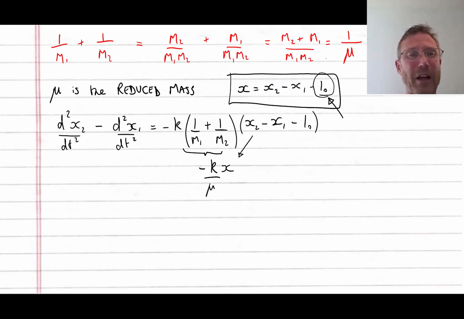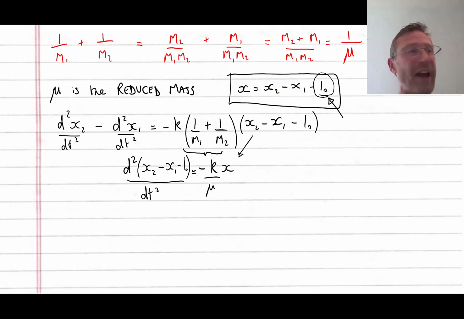So what we can recognize in here is, I'm going to write it as d squared of x2 minus x1 minus L0 by dt squared. That equals minus kx over mu. So we can do that, as I've just explained why. And so what we've come to here finally is d squared x by dt squared equals minus k over mu times x.